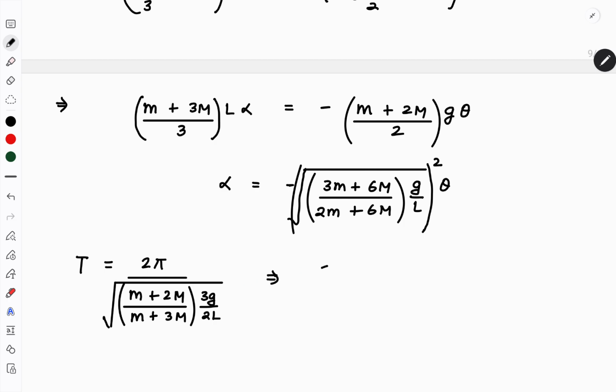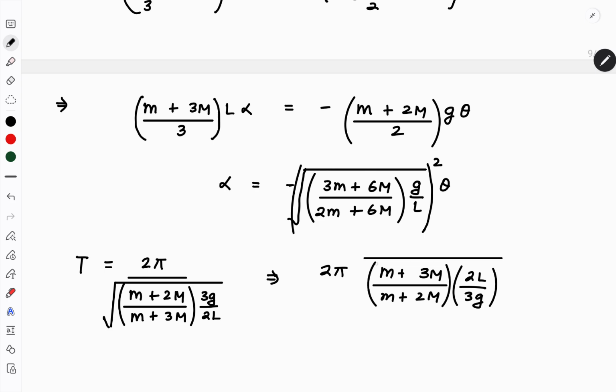So over here we can write it in the final form which is given in the problem, m plus 3M divided by m plus 2M, and then we have 2L by 3g. So this is the format in which the answer is given to us in the problem which we are trying to solve. So this is the time period equation.